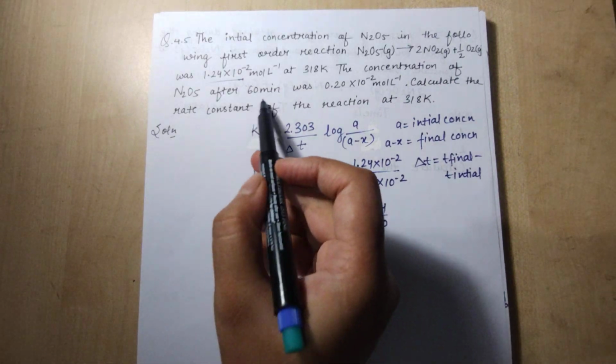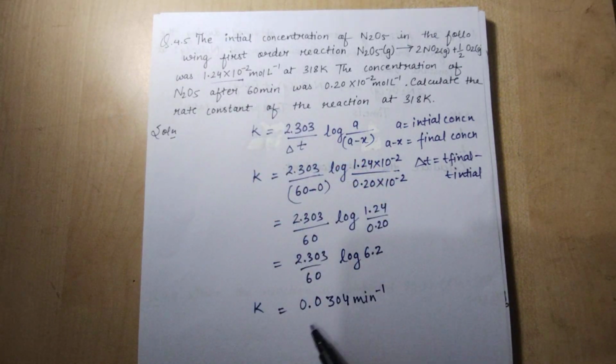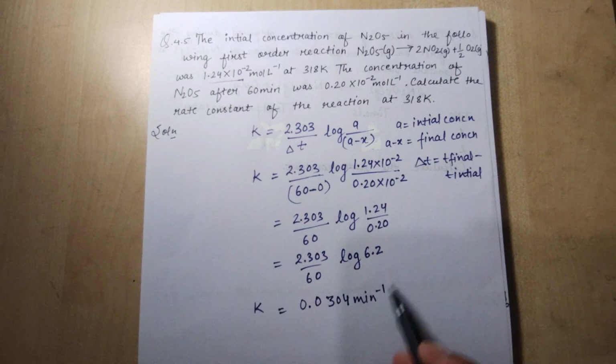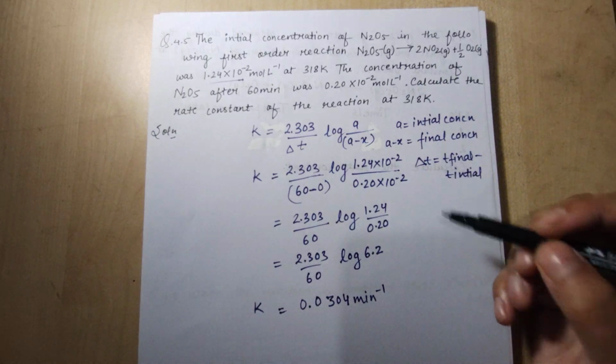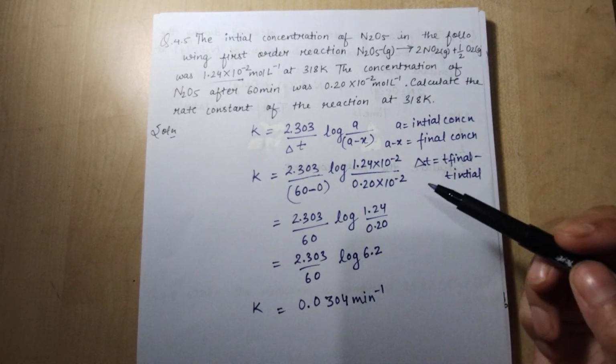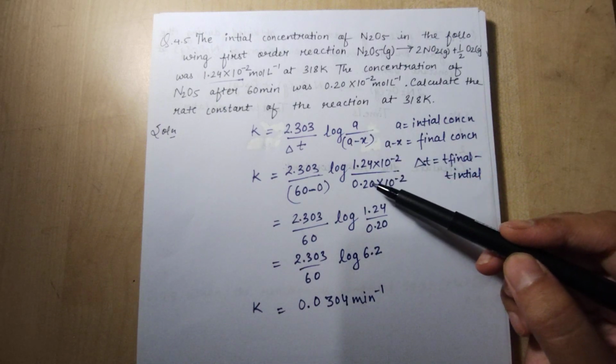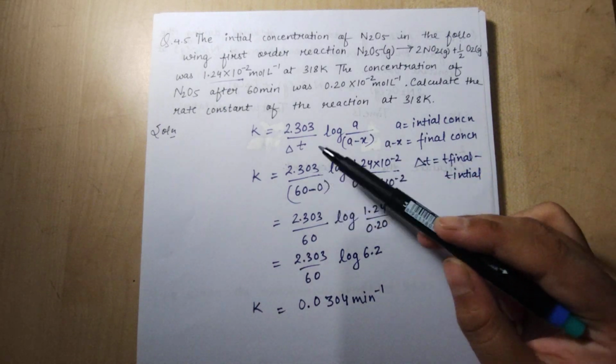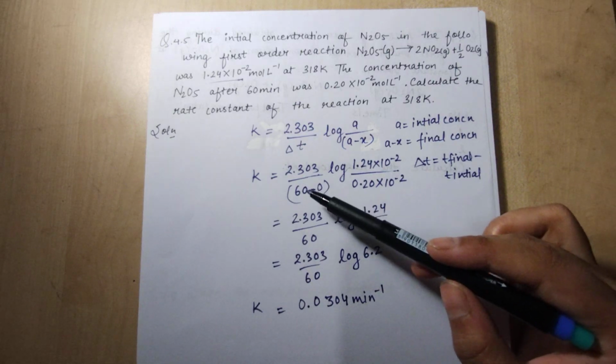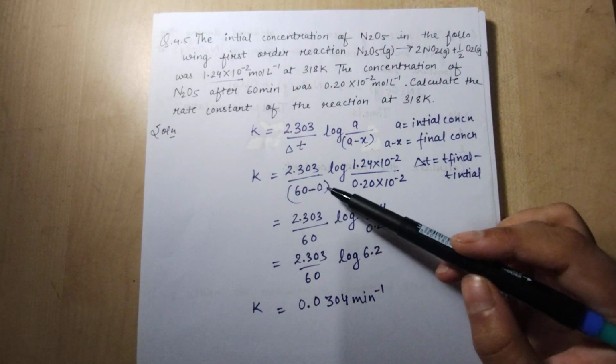As time is given in minutes, K is 0.0304 per minute in this first order reaction. So this is how you solve a first order reaction, by putting initial concentration, final concentration and time, how much time is given, final minus initial.